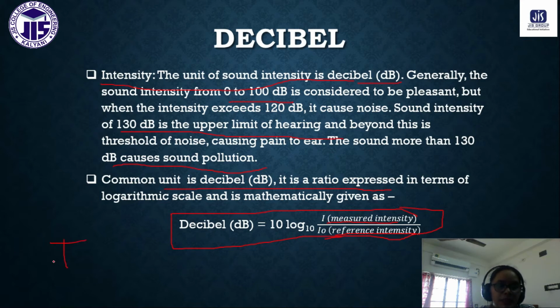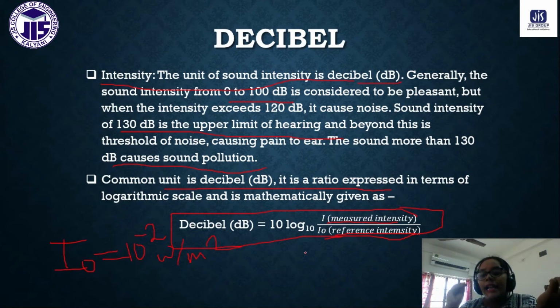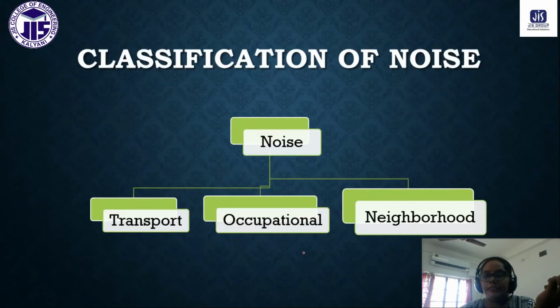I0 equals 10 to the power minus 12 watt per meter square. So the reference intensity is the minimum intensity that is audible for us. And whatever measured intensity, that means whatever sound we are exposed to, if we determine the intensity of that sound level, that is called the measured intensity.